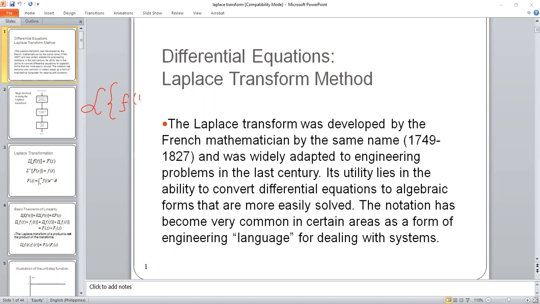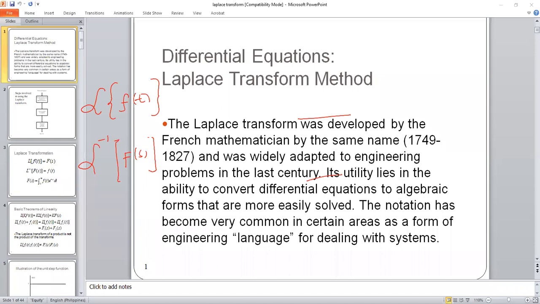Inside the brace, you have the function of t. It converts it to a function of s. For the inverse Laplace, it's also the italicized capital letter L with the superscript -1, and instead of the brace, we use the bracket. So this time, you're given the function of s, and you are to determine the function of t.